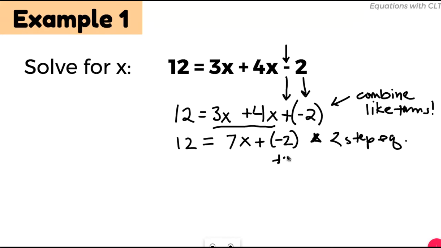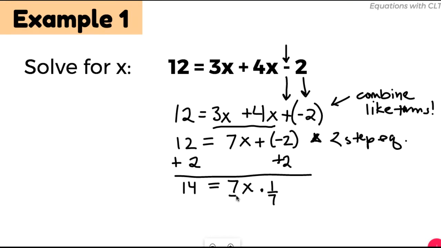We undo our addition first, adding 2 to both sides. I get 14 equals 7x. Undo our multiplication by multiplying each side by the reciprocal of this coefficient. You can either multiply and get 14 over 7 or do some cross simplification and you end up with x equals 2.